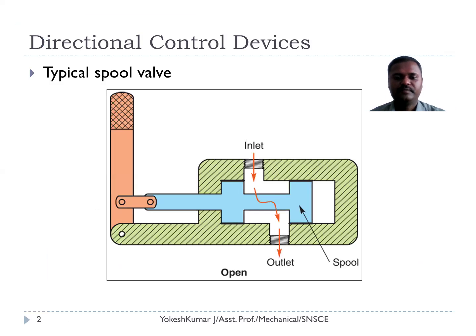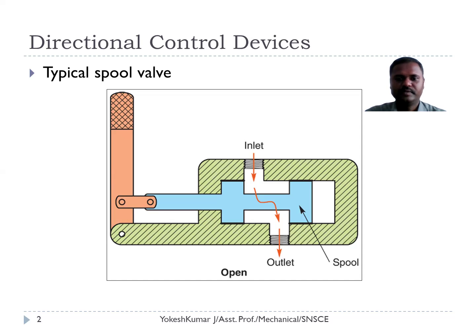So this valve is called a spool valve, which is used to control the direction of the valve. This typical spool valve consists of the spool which is connected with the lever. By operating the lever, the position of the spool may be changed.